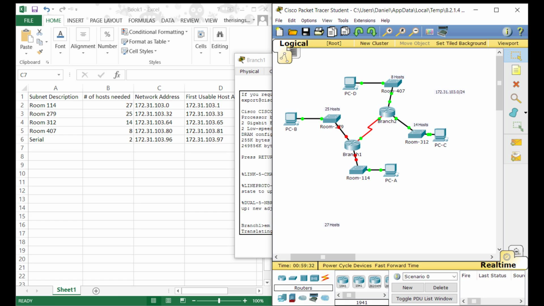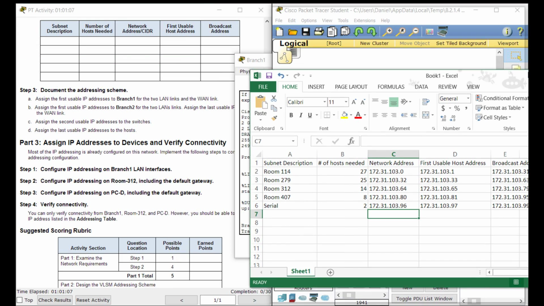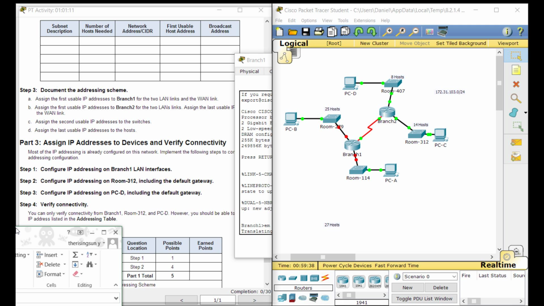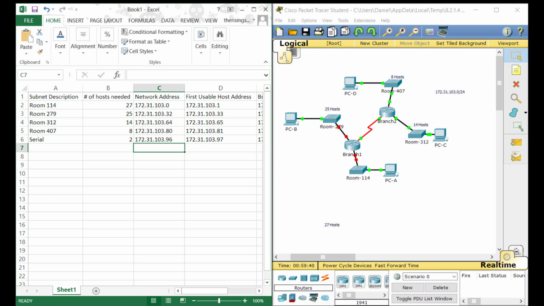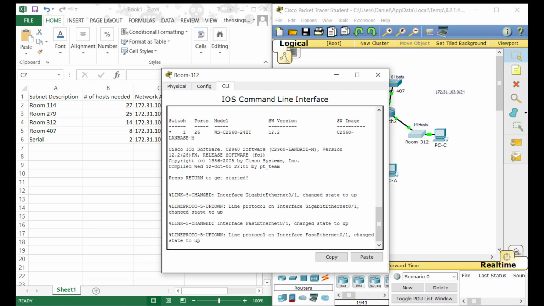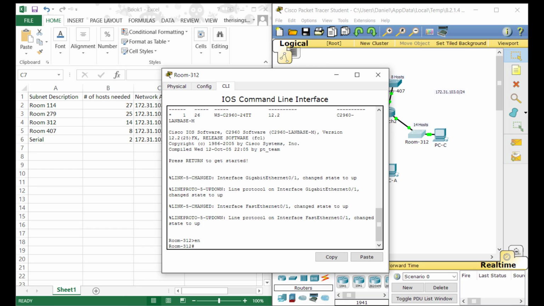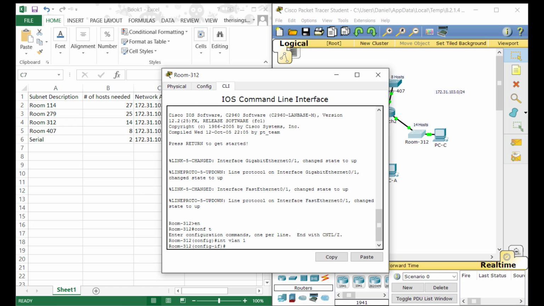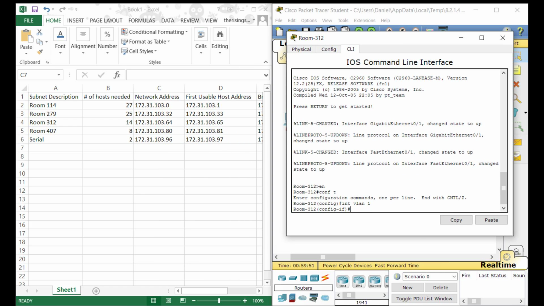So which ones do we have to do? Room 312. Okay. So go to interface VLAN 1 because that's usually where you will put the IP address for a switch.